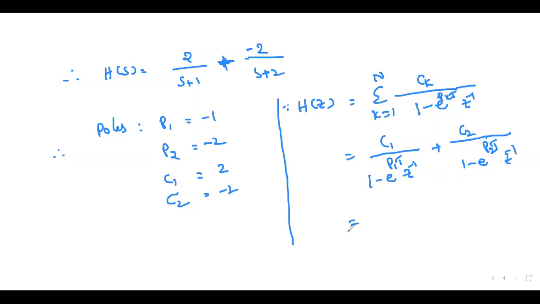Then this is equal to, C1 is, to substitute the values, 1 by 1 minus e power p1 is minus 1 and T is 1, so it is 1, z power minus 1, plus C2 value is minus 2, then down 1 minus e power p2 value is minus 2, so minus 2 into 1, so minus 2 z power minus 1, right?